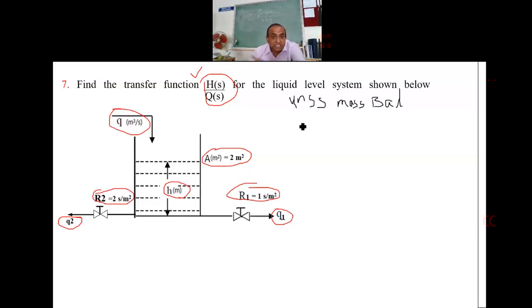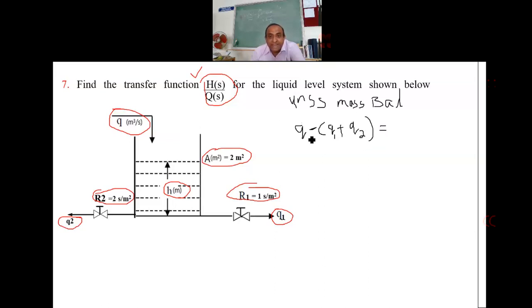How do you write it? See, I will neglect the density. I'll write inlet is Q minus outlet volumetric flow rate. Please look, there are two outlet volumetric flow rates, Q1 and Q2. So minus, how should I write now? I should write it as Q1 plus Q2, close the bracket.